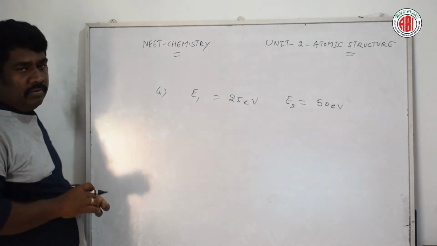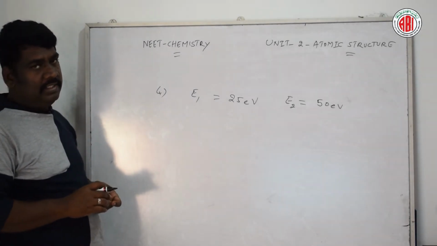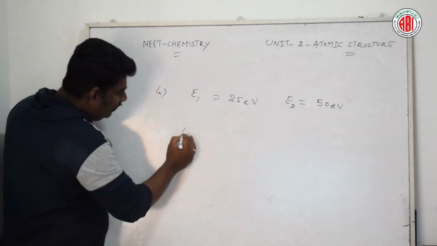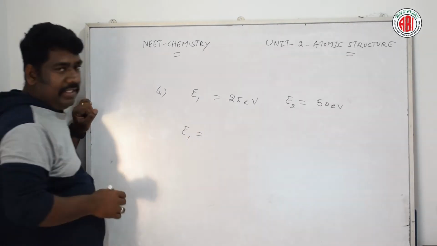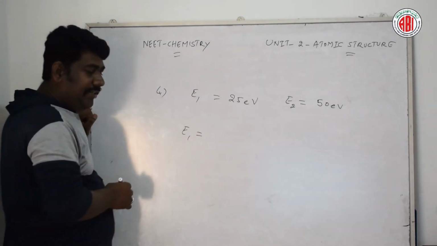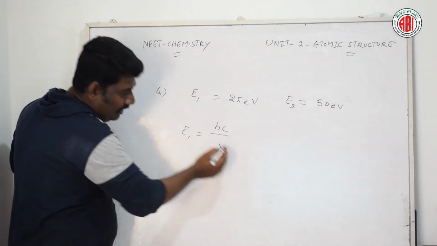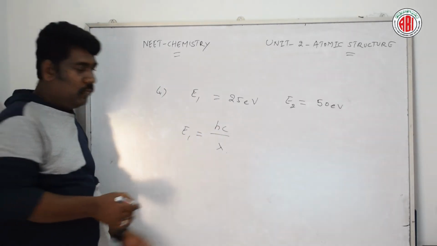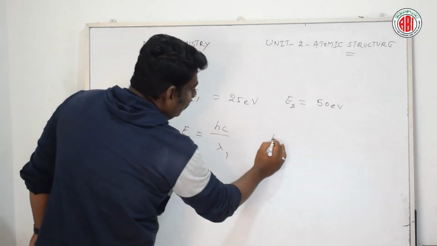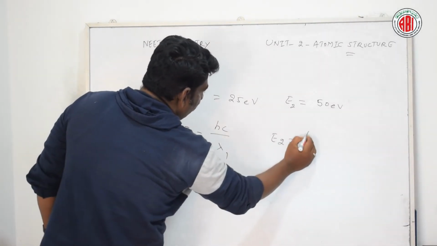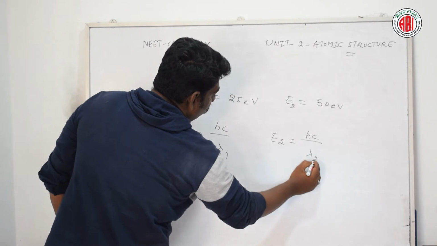Now let us apply the formula. Energy E1 is equal to hc by lambda 1. Similarly, for E2 we have another formula, hc by lambda 2.